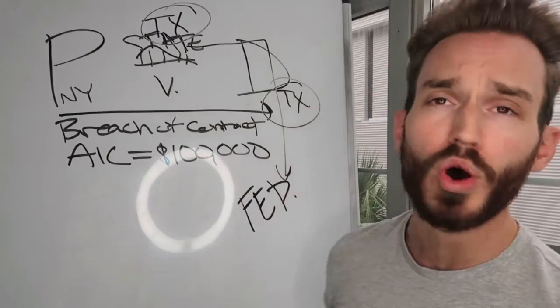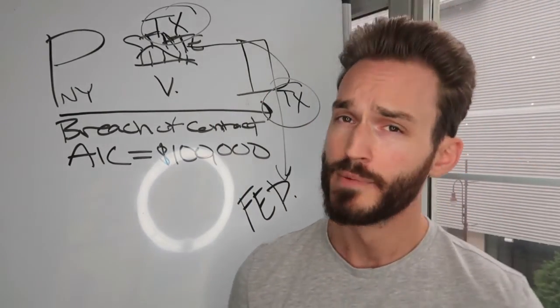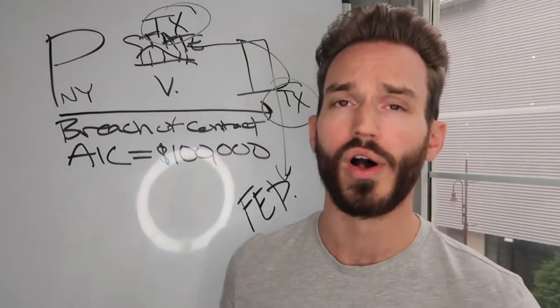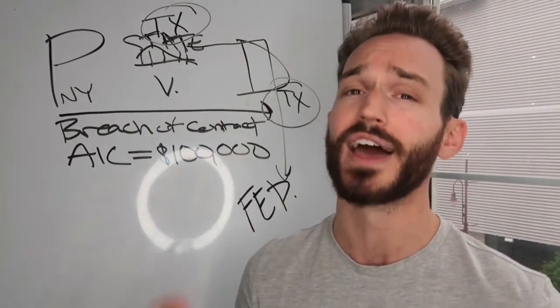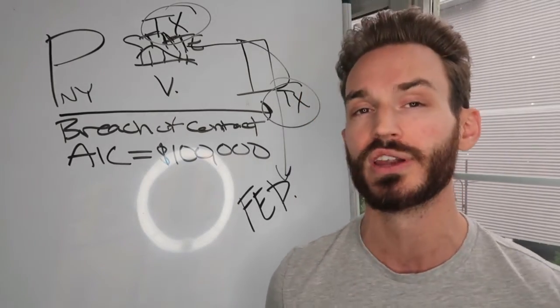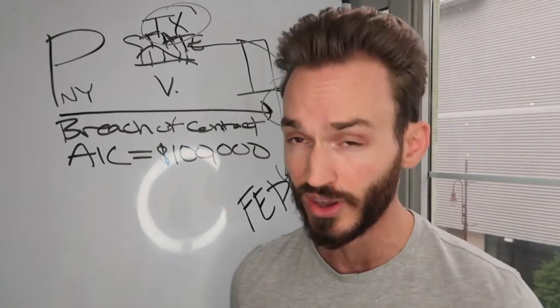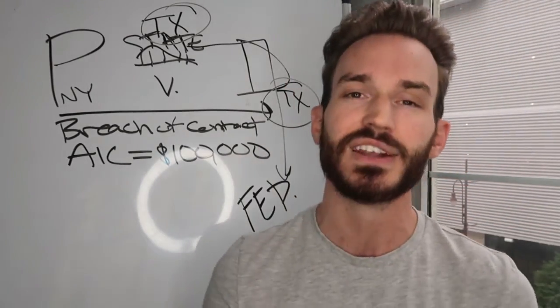And really, why would the defendant want to remove it? And that's kind of the idea behind this. But there's just a third rule if you're dealing with removal in diversity cases, that the defendant cannot remove the action if the action is brought in any state in which the defendant is a citizen.